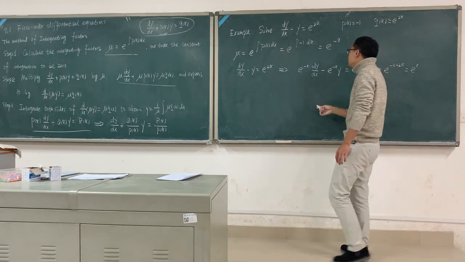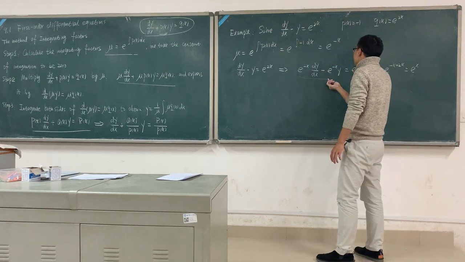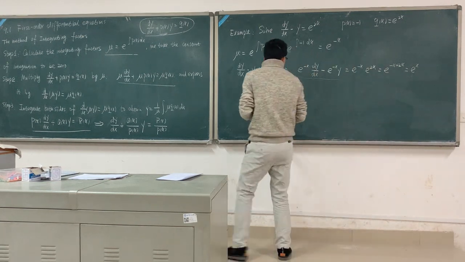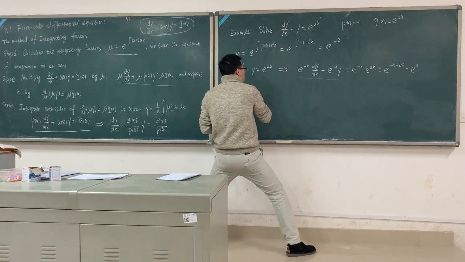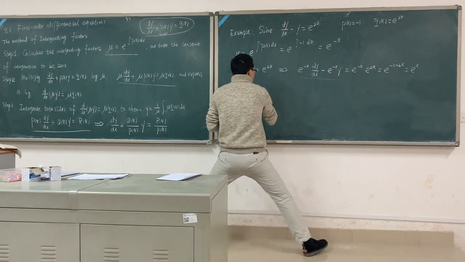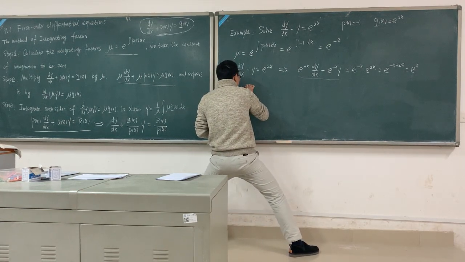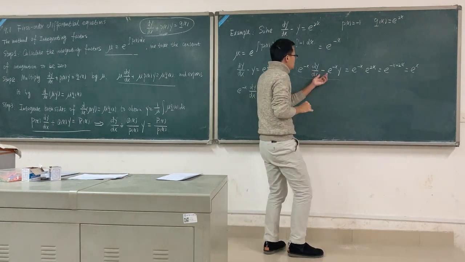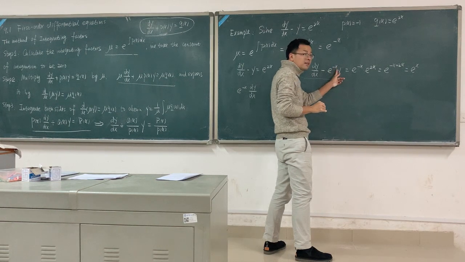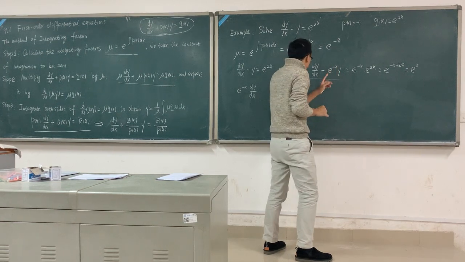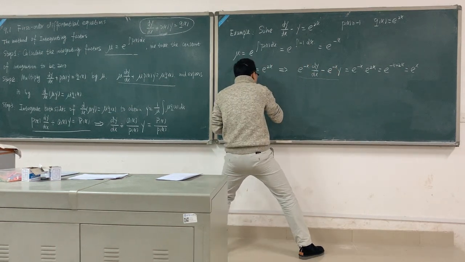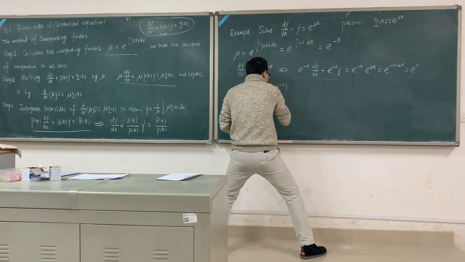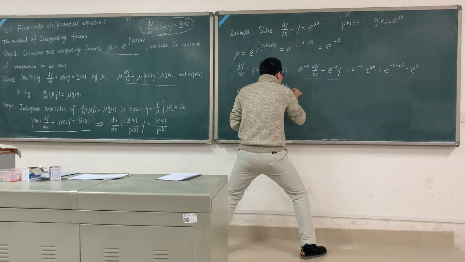So now at the left hand side, we have e to the minus x dy/dx, and minus e to the minus x, which is the derivative d/dx of e to the minus x, times y.